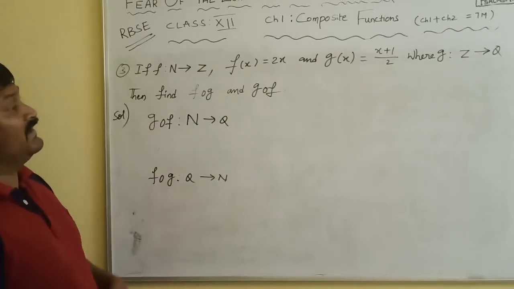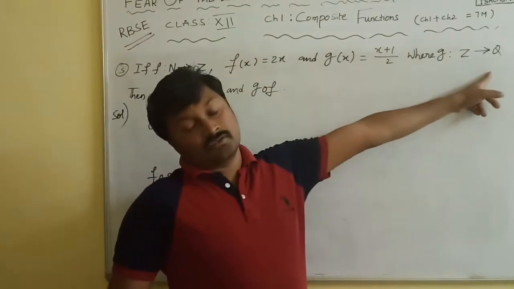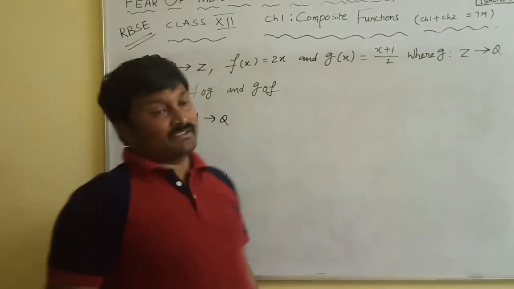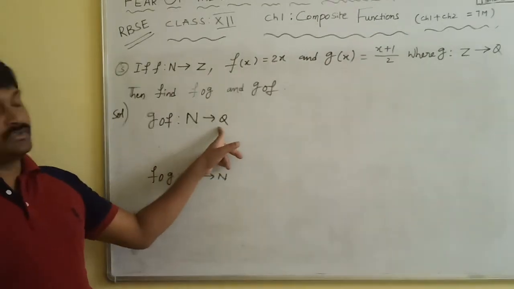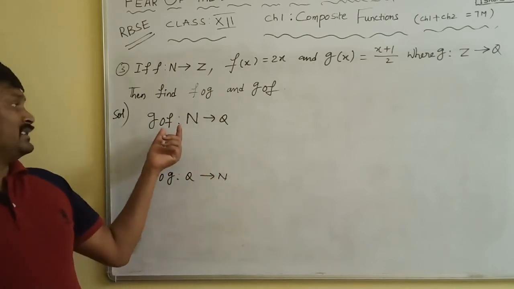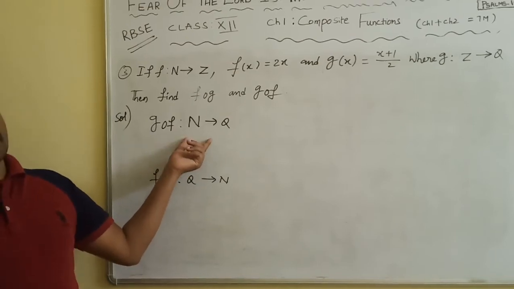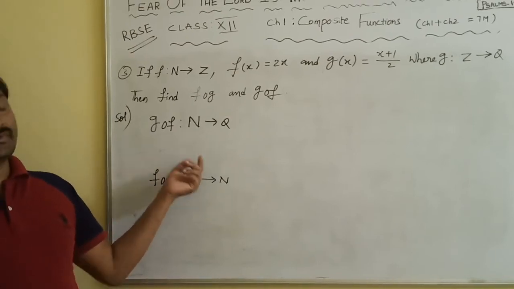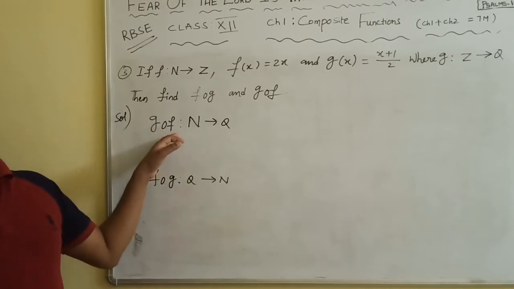G circle F means it is from natural numbers to Q, rational numbers. Substituting natural numbers, we are going to get Q, which is nothing but rational numbers. Observe this carefully. We can say this G circle F is defined.